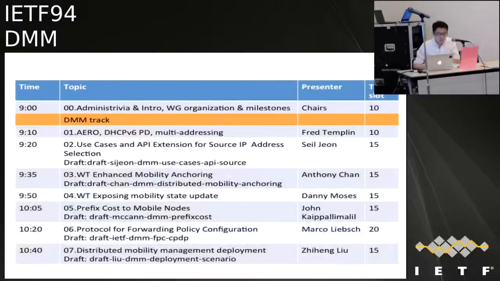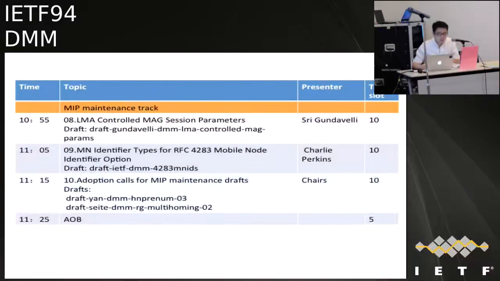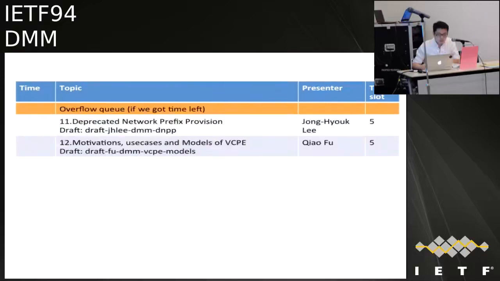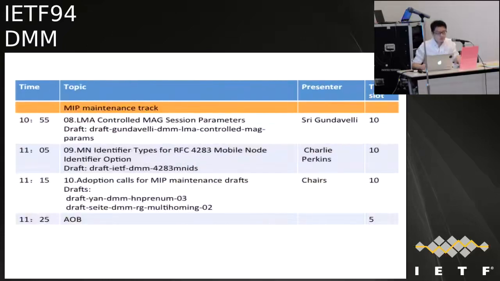The first part is the DMM track, so that's all the topics belonging to the DMM scope. The other part is the mobile IP maintenance track. We have several drafts that cover mobile IP maintenance. And if we have any time left, we have 2 overflow presentations. We can present those very quickly. Okay, are there any suggestions for this agenda?